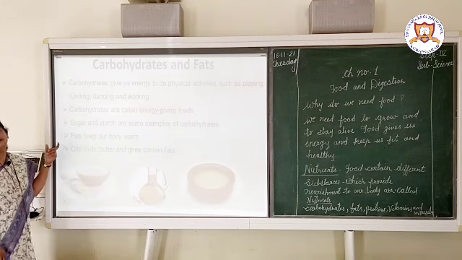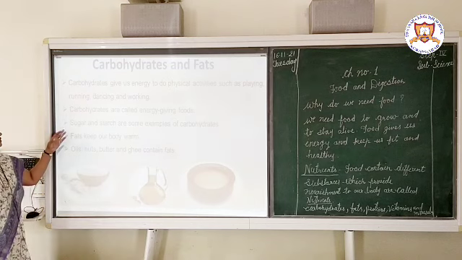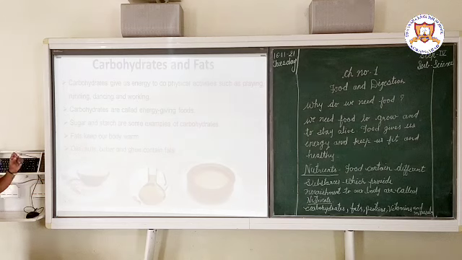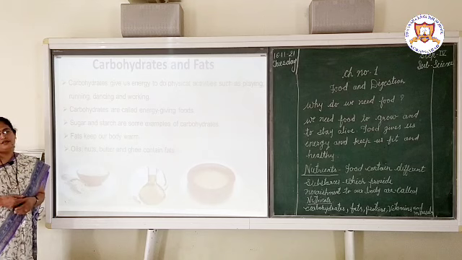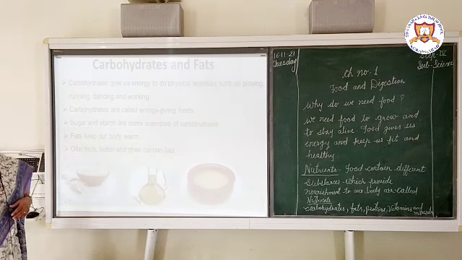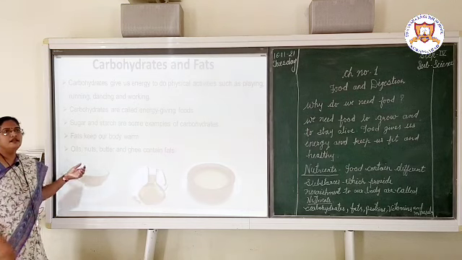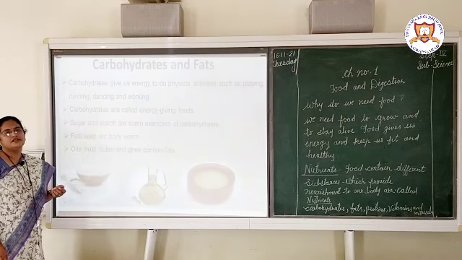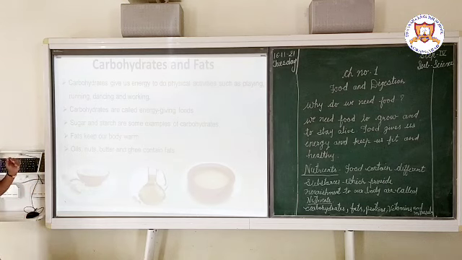So we should eat this starchy and sugary food. Those persons who need more energy or have to do more work need high carbohydrates, and children also need good quality carbohydrates. So carbohydrates give us energy.